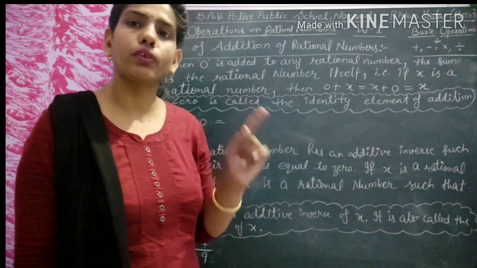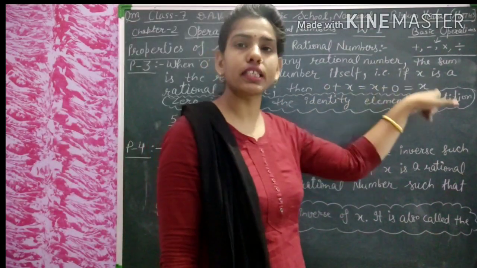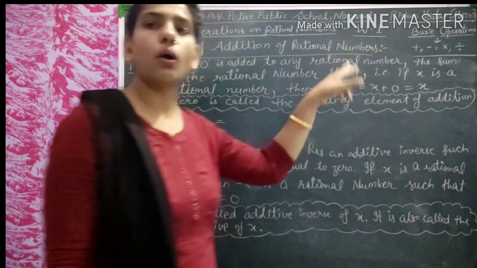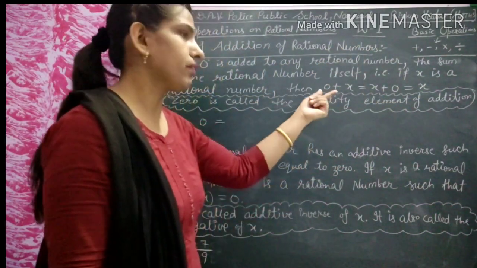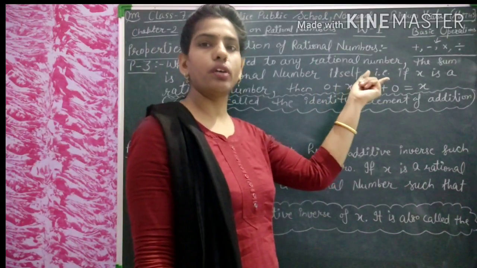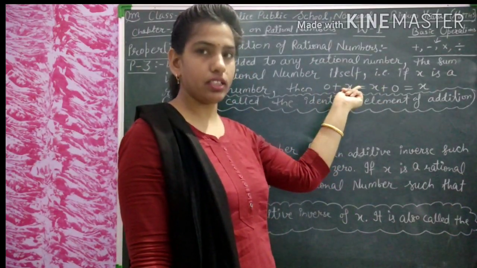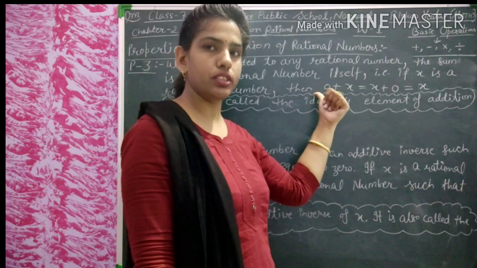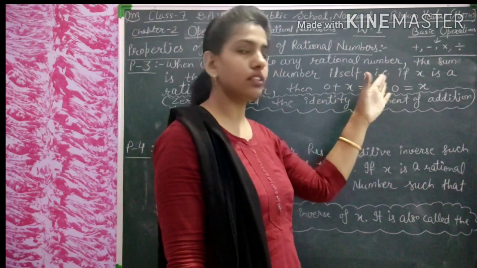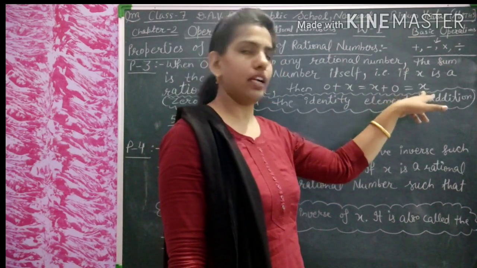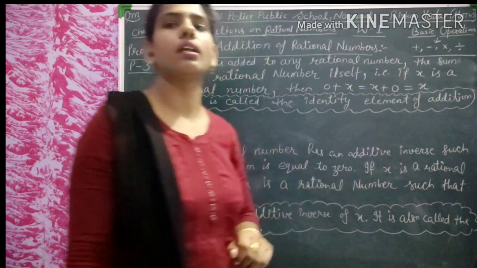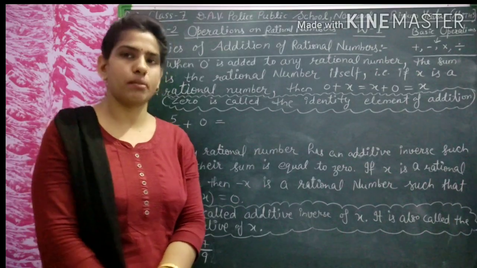But now this property is satisfied here also, in the addition operation of rational numbers. We add 0 to any rational number x, and the order of addends is changed, nothing else, and this becomes the same rational number.